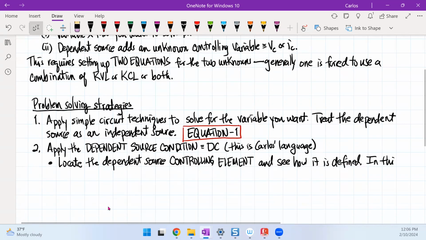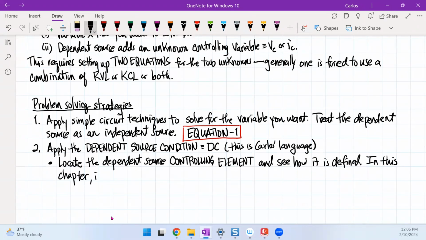In this chapter, it's usually the current or voltage across a resistor.